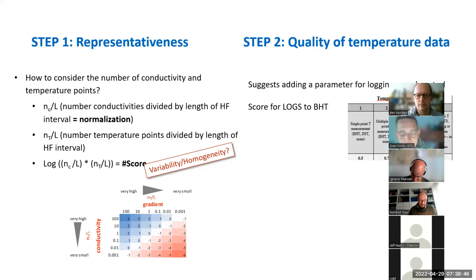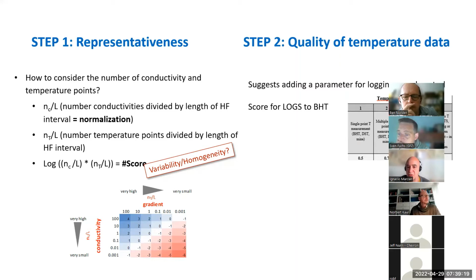Okay. Are there other ideas or opinions on that? Sven, this single point is quite common or not?